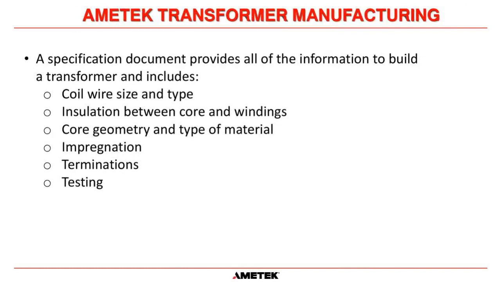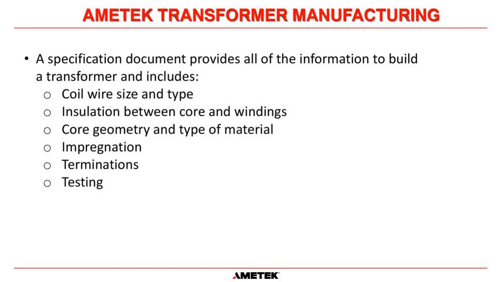So when we build a transformer, we start with a specification. There are several pages in the spec. The specification will call out the coil, wire size and type, insulation between the core and windings, core geometry, meaning the size and the type of the steel used in the core. Transformer cores have a variety of different types of steel you use depending on what you need.